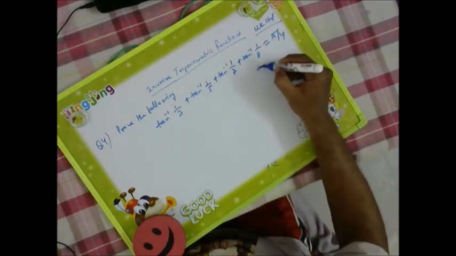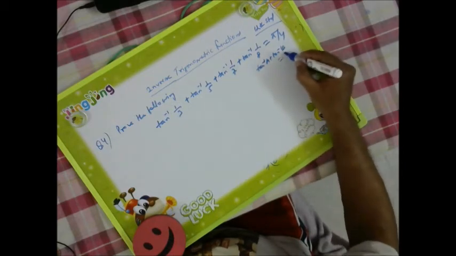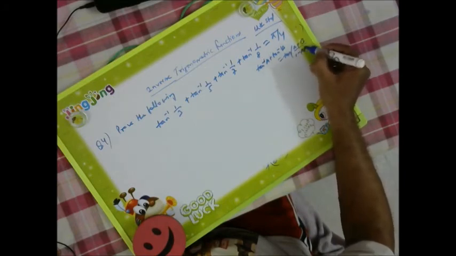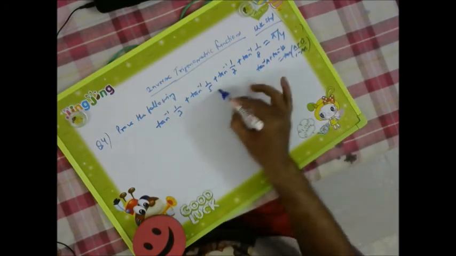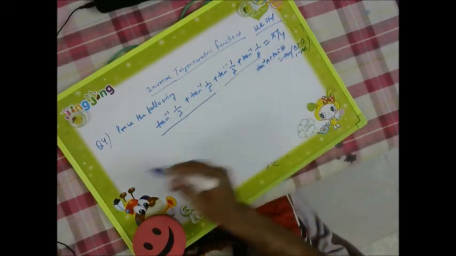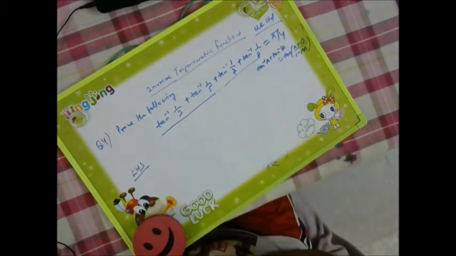The formula I told you: tan inverse A plus tan inverse B is equal to tan inverse of (A plus B) by (1 minus AB). So first we will utilize the same formula for these two and for these two. Let us find out. So LHS we are taking.